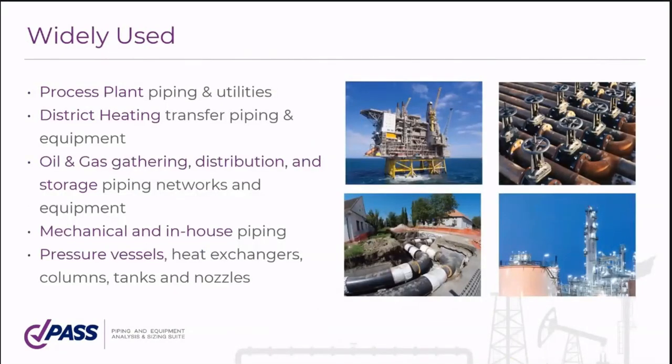This software is used in different industries, but our main focus is process plant piping industries, also district heating, transfer piping and equipment, oil and gas, of course, for gathering, distribution, storage facilities, piping network equipment, mechanical and in-house piping, and of course, PaaSEquip is used by pressure vessel manufacturers, heat exchanger manufacturers, and other equipment.